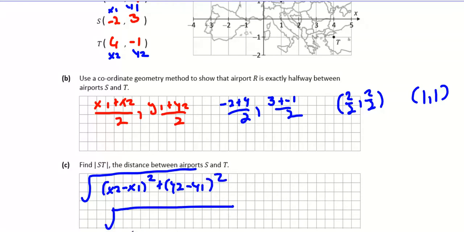So it's the square root of 4 minus minus 2, because there are two minuses, which makes it plus 2, squared. And then minus 1 minus 3, squared.